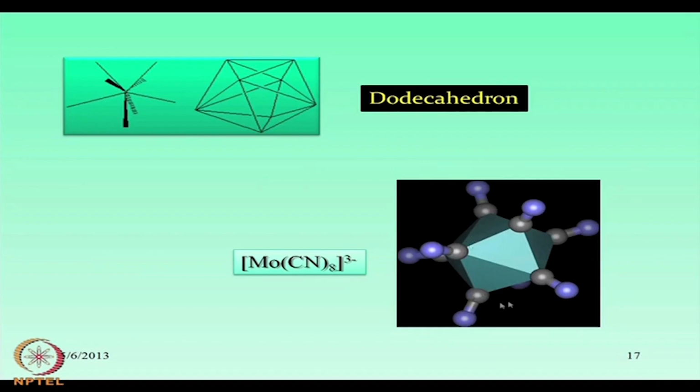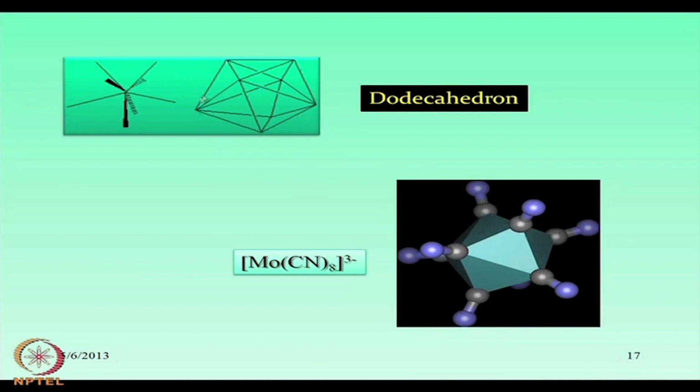When we see the polyhedral structure, it is not always easy to visualize this particular geometry. At least this geometry is embedded within this polyhedral arrangement. So we can see 3 plus 3, 6 positions over here.